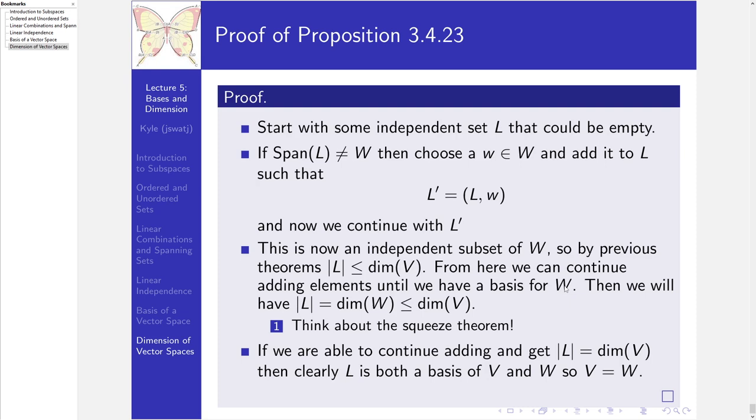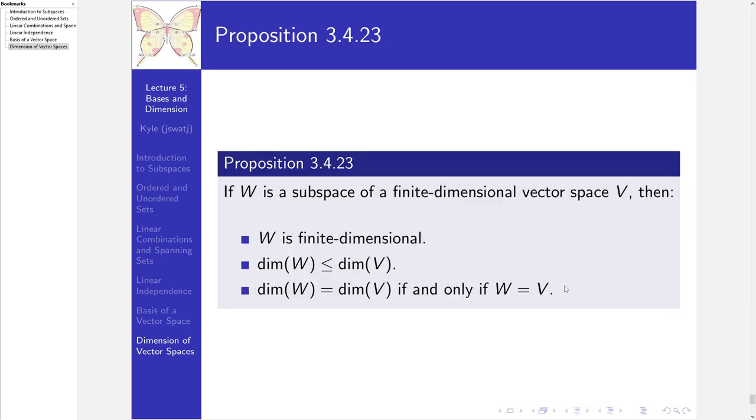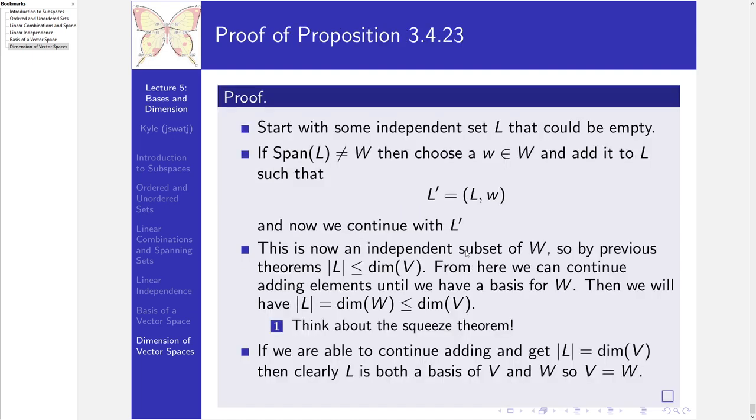So we'll prove this proposition here. We prove the whole thing actually. So if we start with some independent set L that could be empty, it doesn't matter if it has an element or not. And if the span of that set L does not equal W, right? We're not spanning the whole space.